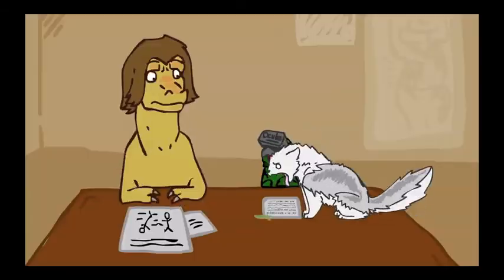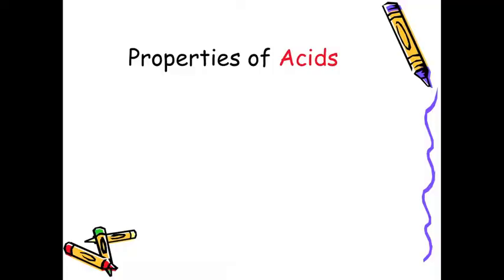Alright, just as examples, we've got acids in Coke, stomach acid, vinegar, citrus fruits, and we've got bases in soap, Drano, antacid tablets, Windex, detergent, stuff to clean stuff is usually bases. So now that you've seen some examples of acids, these are properties of acids.